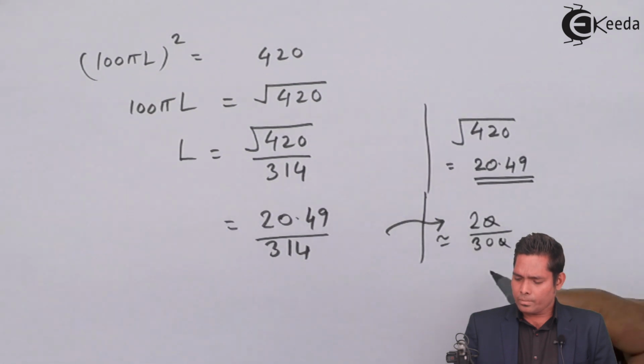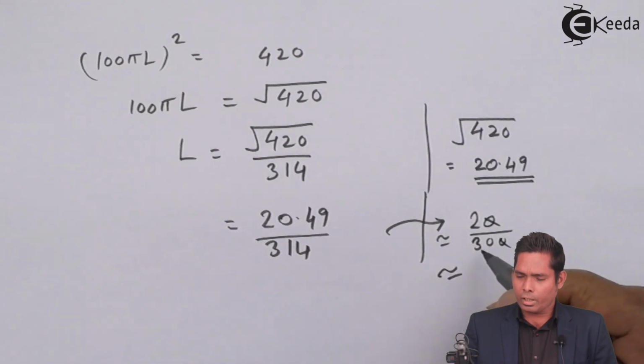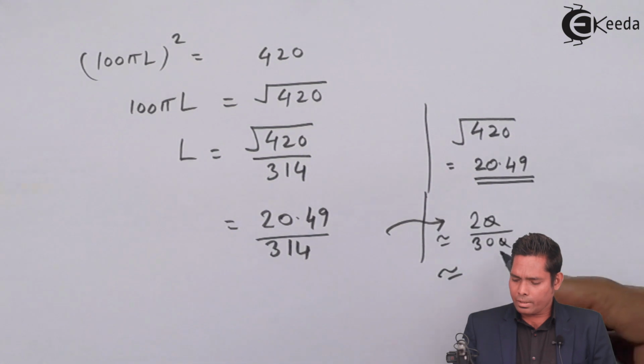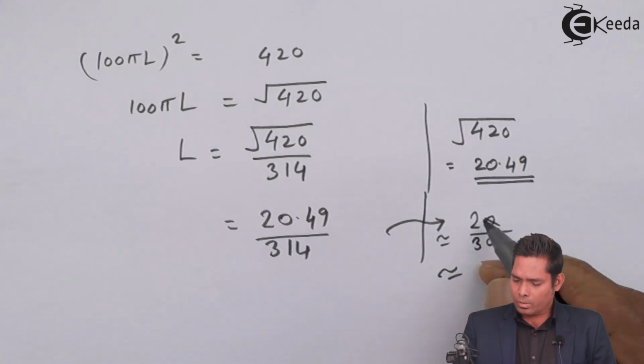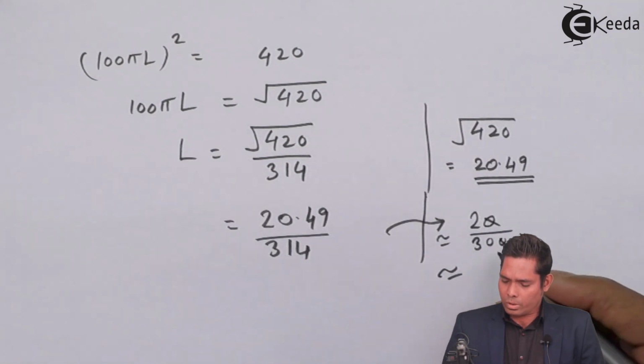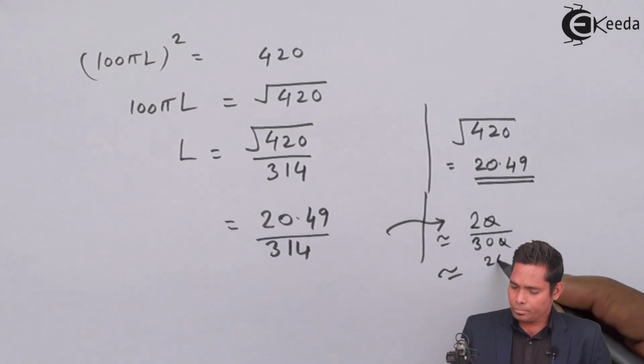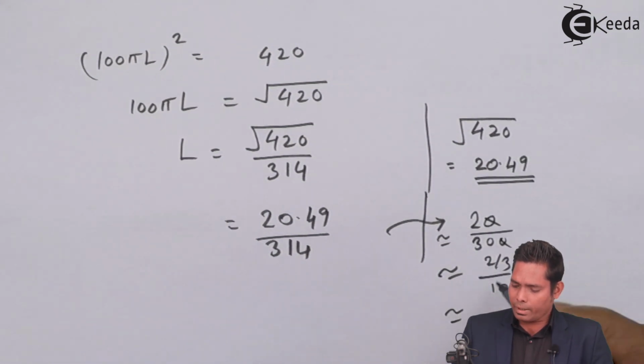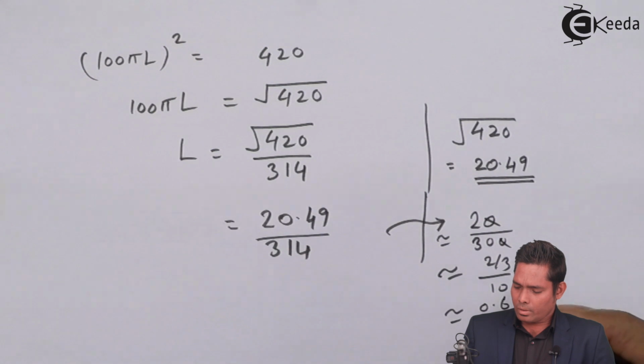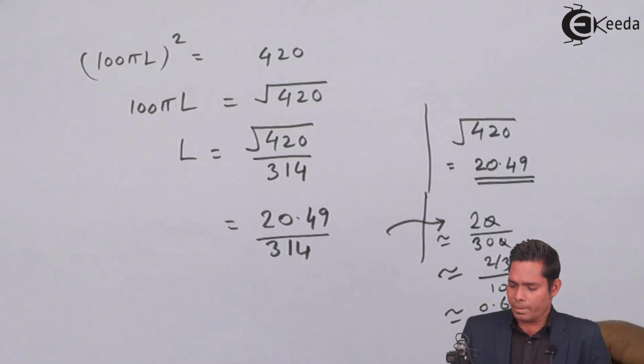This is approximately, with error obviously, 2 by 30, which is 2 by 3 by 10. So it will be 2 by 3 divided by 10. 2 by 3 is approximately 0.6 and 6. 0.6 is divided by 10.